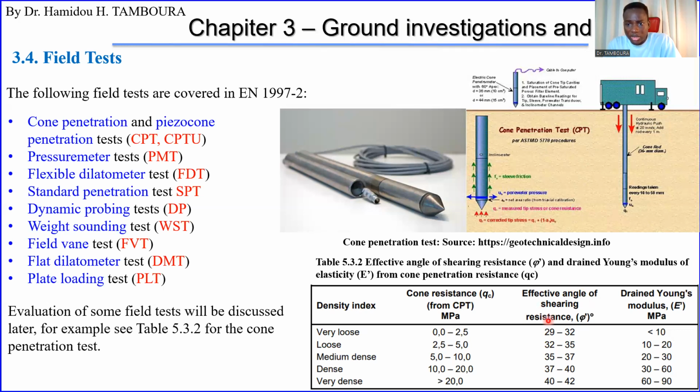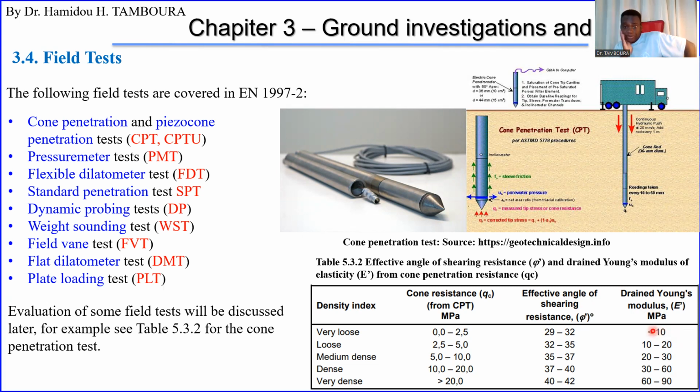It is saying that for very loose soil, for example very loose sand, the effective angle of shearing resistance, phi prime, will range from 29 to 32. And the Young modulus will be less than 10 megapascal.